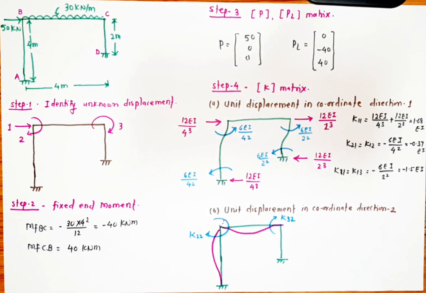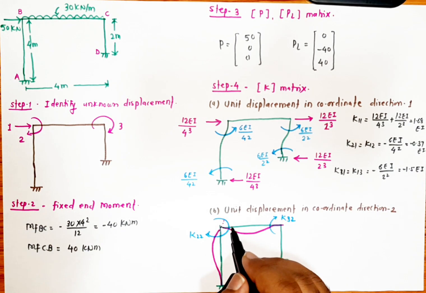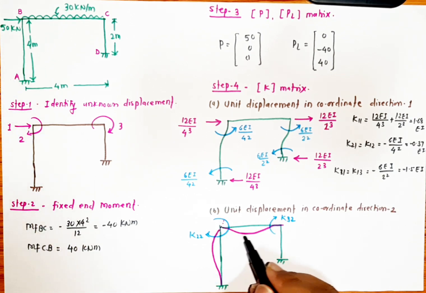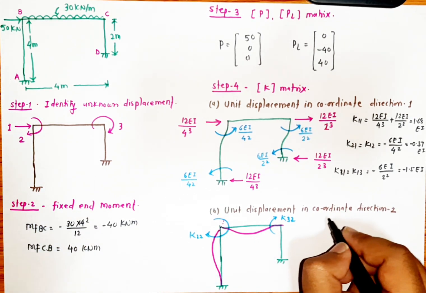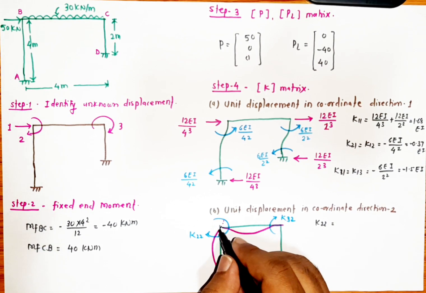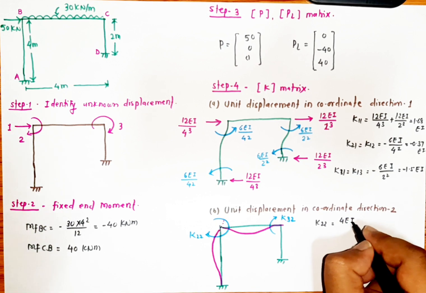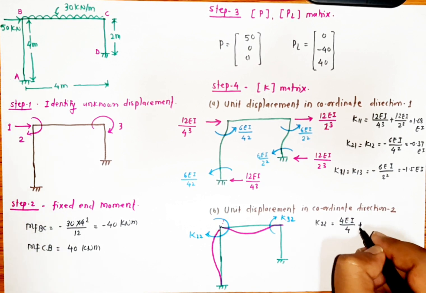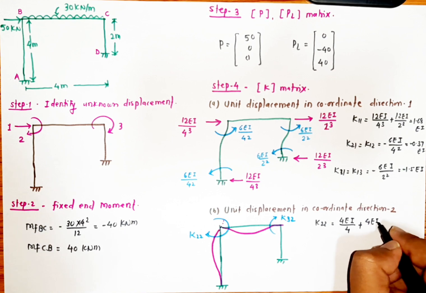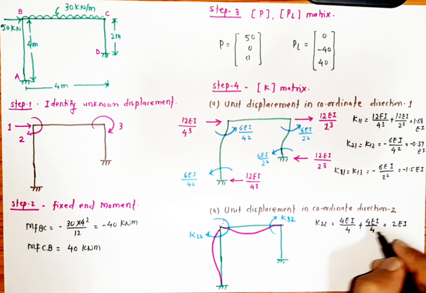Now next we will give the displacement in coordinate direction 2. As usual, K22 is equal to, there are two members BA and BC, therefore 4EI divided by 4 plus 4EI divided by 4. So this value is nothing but twice EI.